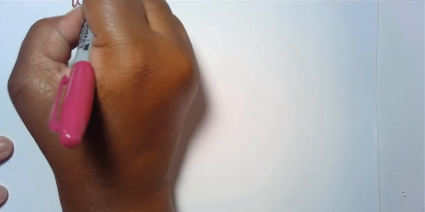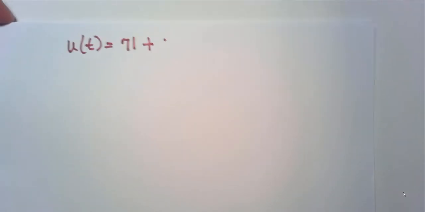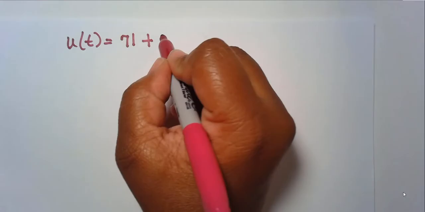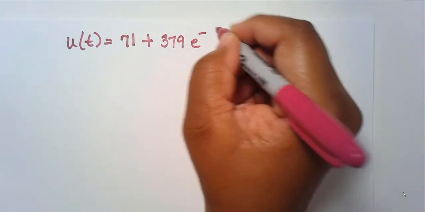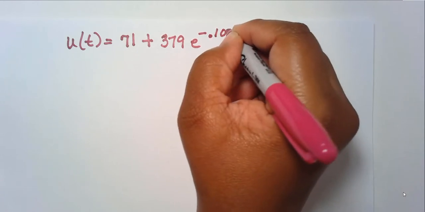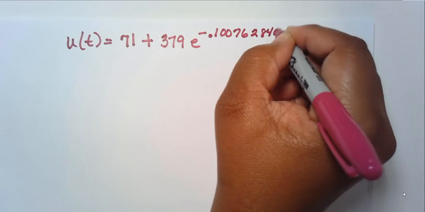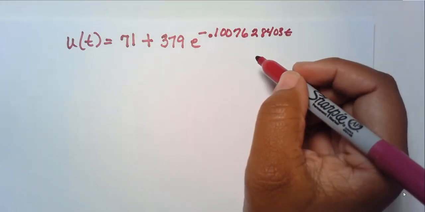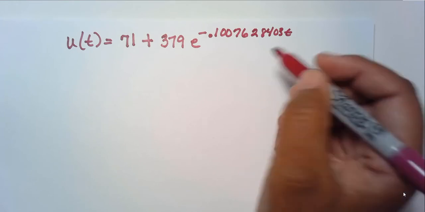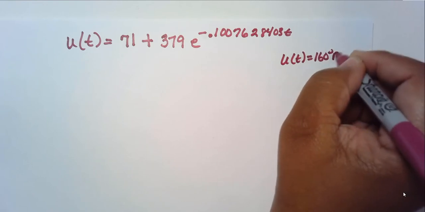So U of T equals 71 plus 379 e raised to our long decimal, okay, and it says 160 degrees. So we're going to let U of T equal 160 degrees Fahrenheit.